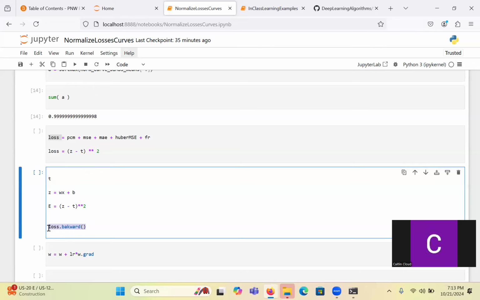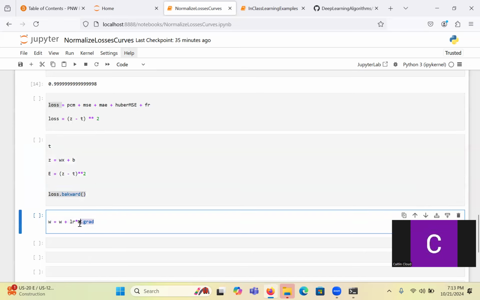That value plugs in here, and it determines whether you add or subtract the learning rate from the weight, and that determines how quickly or slowly the weight is modified.